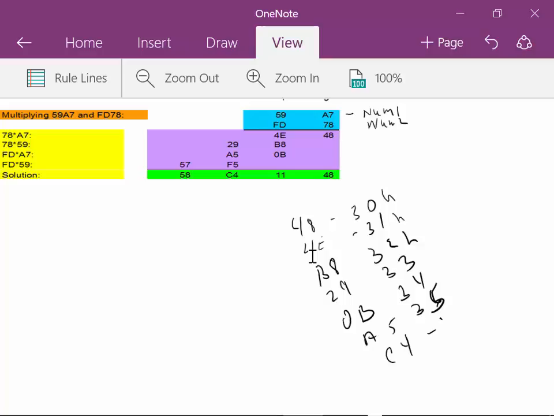C4 is in location 36. And 5-7 is in location, what? F5 is in 36. Yeah, okay, I'm looking down at the green, F5. And then 5-7 is in location 37. Right. Now, the problem is we need to add these up.